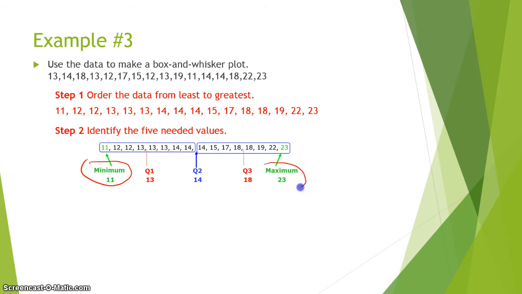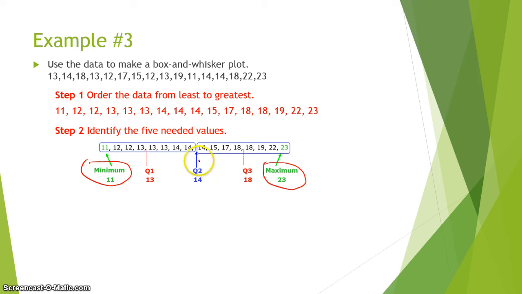Your maximum is 23. Again, to find your median, you cross off each end. Notice we have 2 middle values, so that's your median, but when you add those 2 middle values together and divide by 2, you get 14.